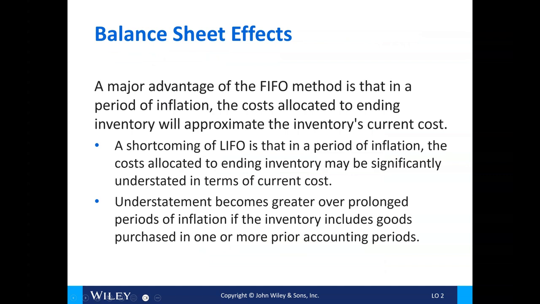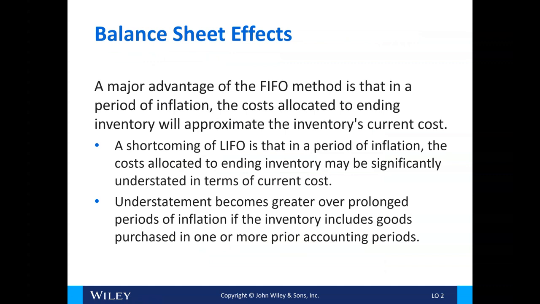A major advantage of FIFO is that in a period of inflation, the cost allocated to ending inventory will approximate the inventory's current cost. So because you're selling units you bought previously, what you keep in inventory is what you bought most recently, and that does reflect the actual cost that you will incur if you continue to buy more inventory.